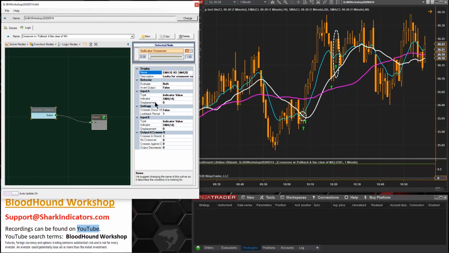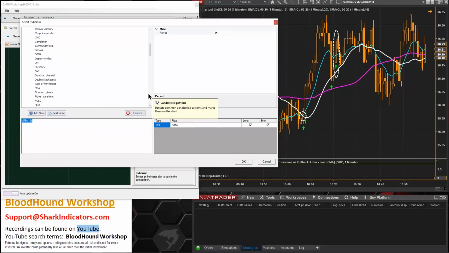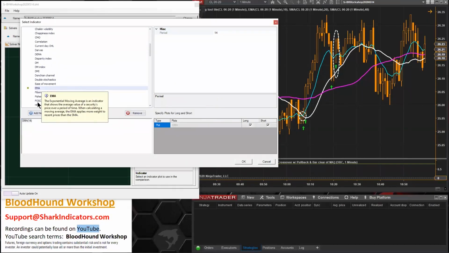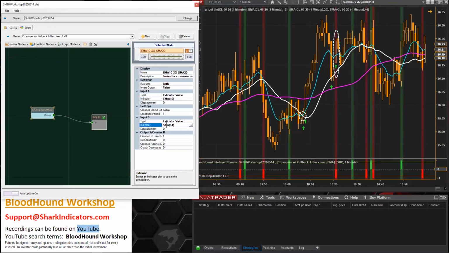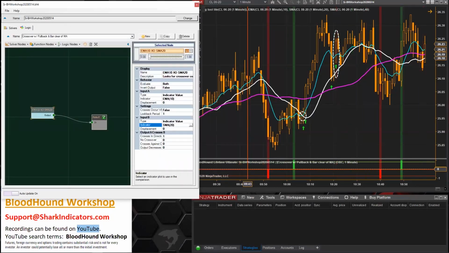Input A will be our faster moving average, so let's plug in the EMA 10. There's the EMA. Put in a 10 period. All done there. The SMA is the default indicator, so we just need to change it to a 20 period, like so.